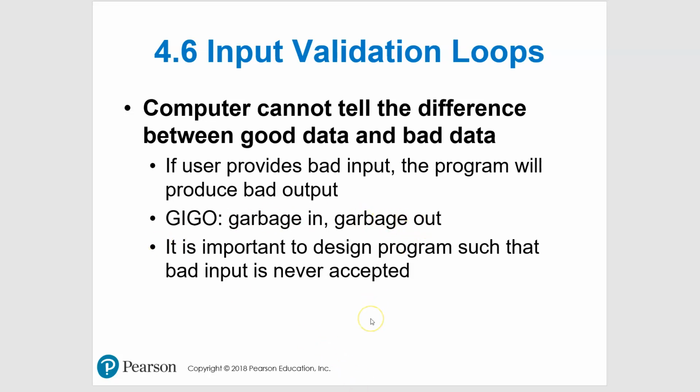So what we're going to do, and let me give you a quick example for this. If we're looking for a test score from a user, and we know that the test was out of 100 points, so we're looking for a score between 0 and 100. We're inputting something like, for example, into a grading program. Now, as the user is entering the scores in, and it gets to a point where you say, hey, I need to type the score in, and I type in 95, right?